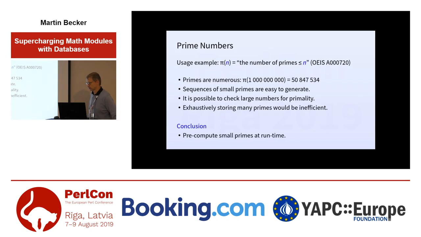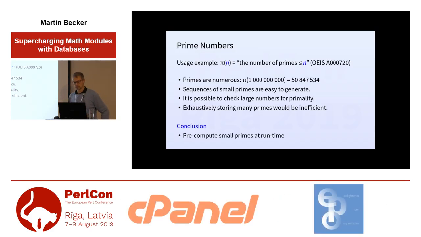No, that's not such a good idea. Why not? For one thing, there are just too many of them. It would make a very large file to ship with your distribution, and you wouldn't gain much because small prime numbers are easily generated. So yes, you reuse them in your runtime after generating them at runtime.